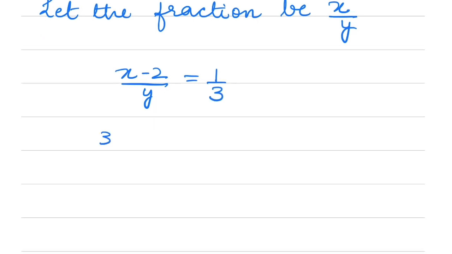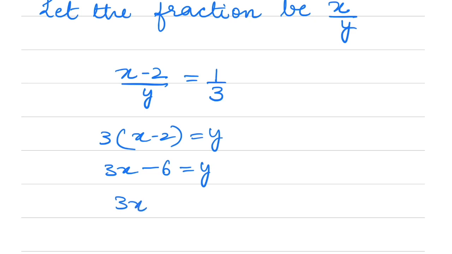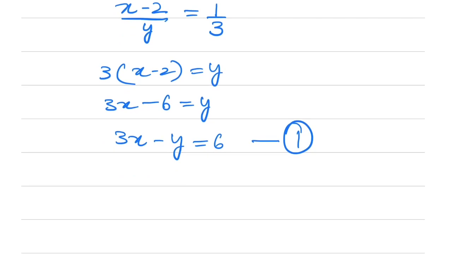Cross multiplying we will get 3 into x minus 2 is equal to y, 3x minus 6 is equal to y, or 3x minus y is equal to 6. This is the first equation. Now secondly, they say it becomes half if 1 is subtracted from the denominator, so x by y minus 1.